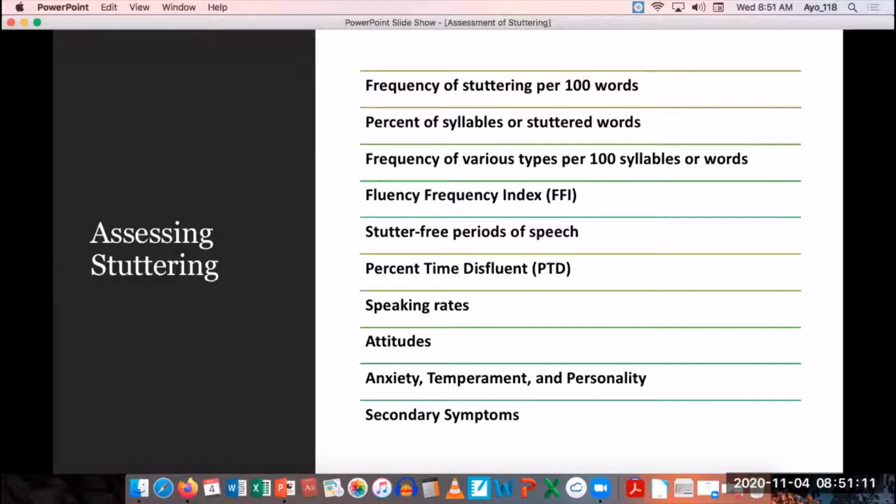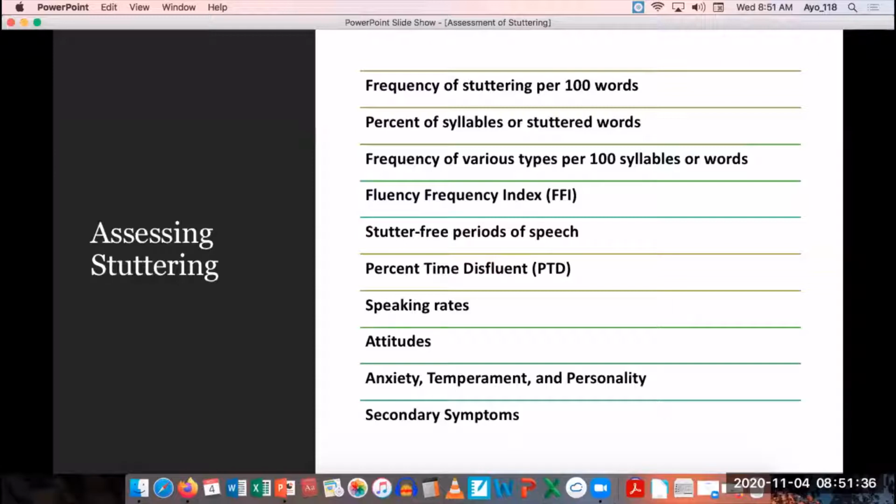If you're going to be how stutter free were they during this many minutes? You're going to have to take your total. If your sample was 30 minutes, you're going to have to figure that calculation based on time. It's not based on whole number type of thing. So keep that in mind. And we're going to see that again later when we talk about another area.